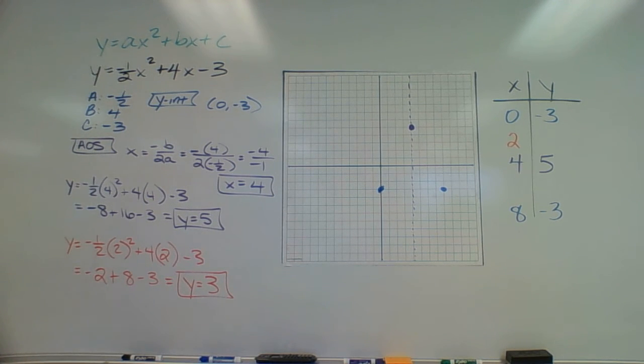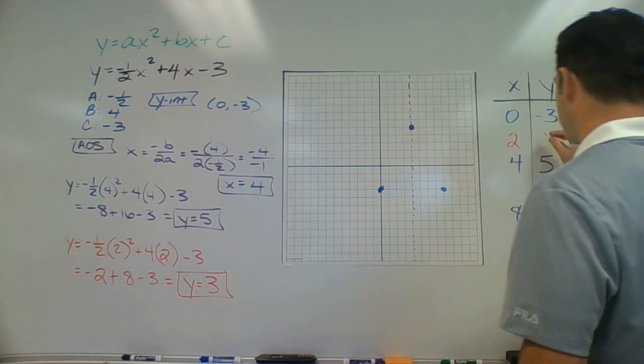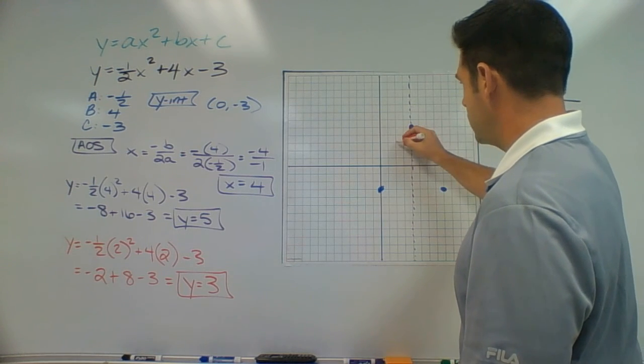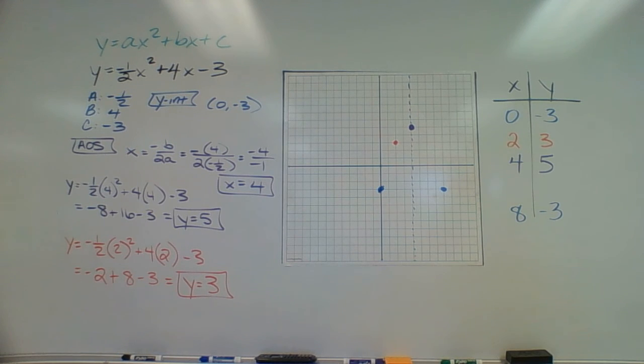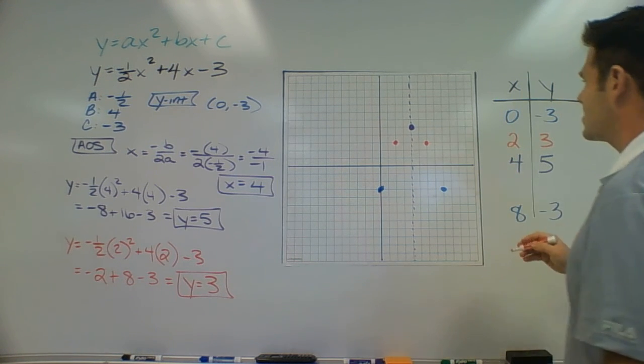So I randomly chose 2 to plug in. When I did that, I got a y value of 3 back out. See if it makes sense here. (2, 3) right there looks as if it could certainly be a part of the parabola. We'll use the mirror on the other side of that axis of symmetry right there at the spot (6, 3).